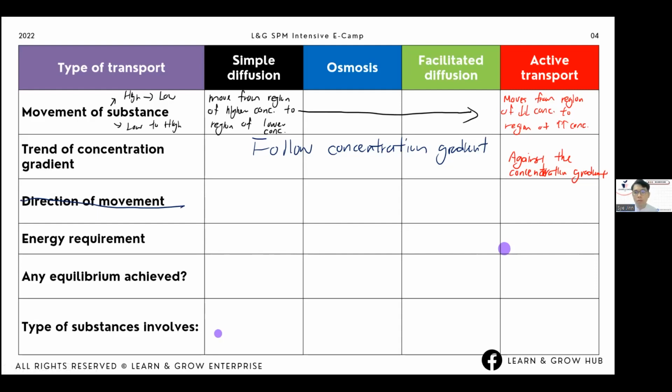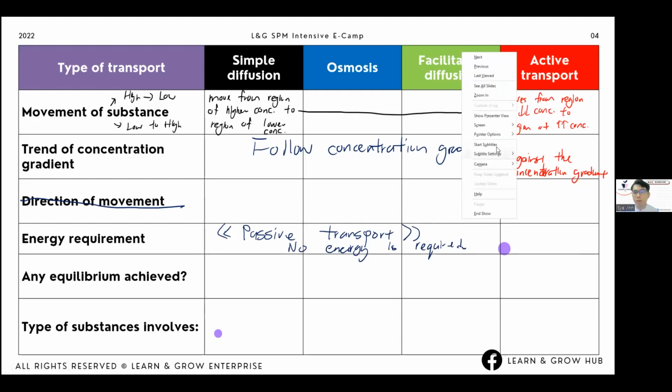Active transport is always special, because osmosis, simple diffusion, and facilitated diffusion are what? They are passive transport. So they don't need any energy. No energy is required.